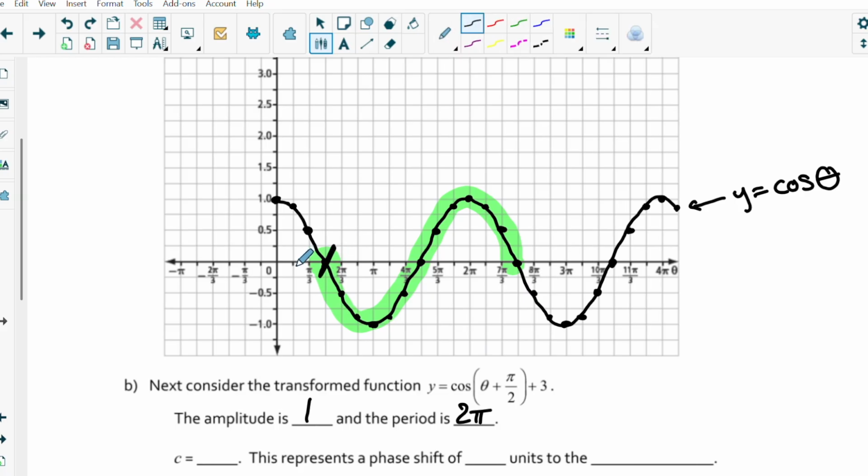If I just look at this carefully, I can do this at any point. So this is pi over 6, 2 pi over 6, 3 pi over 6. This is pi over 2. And over here, 7 pi over 3, or 14 pi over 6, 15 pi over 6.